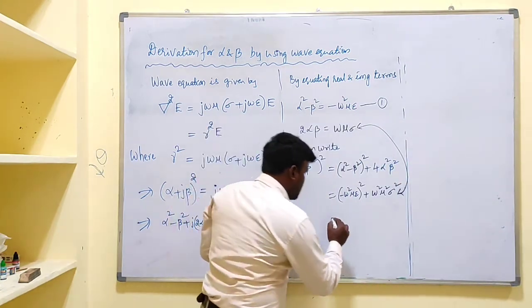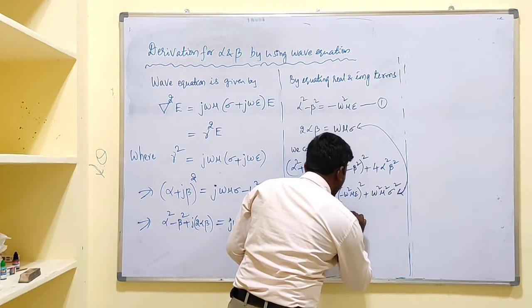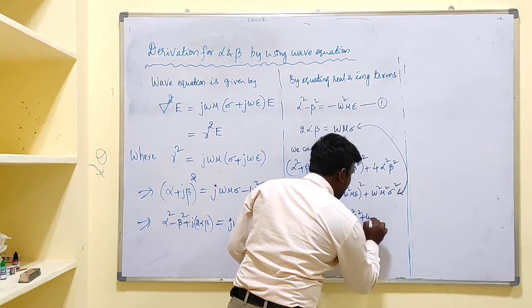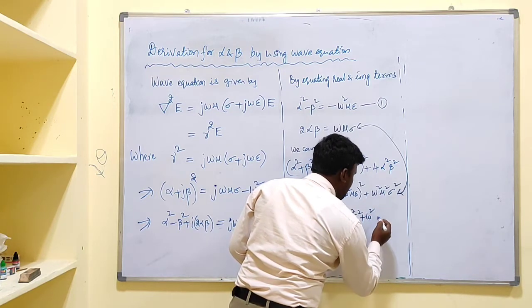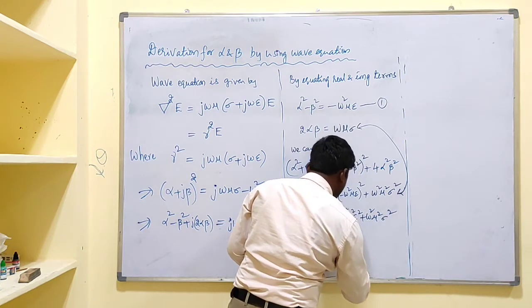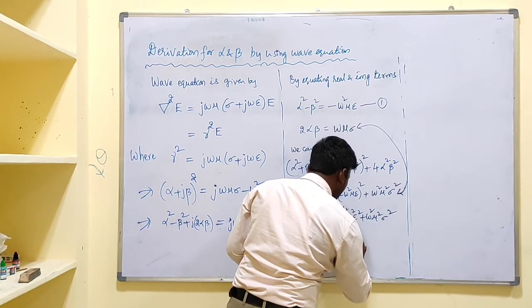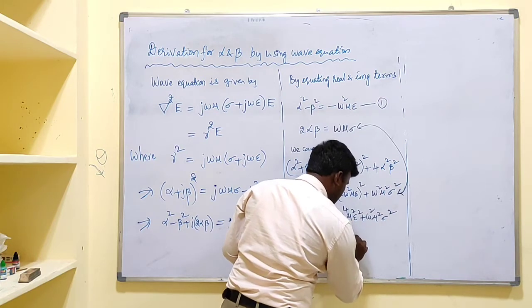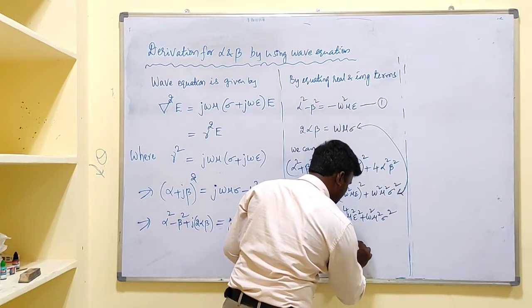Now again simplify this, you will get omega to the power 4 mu square epsilon square plus omega square mu square sigma square. Now let us take omega to the power 4 mu square epsilon square as common.